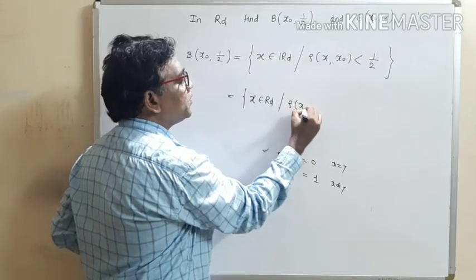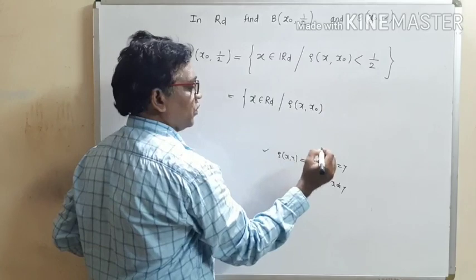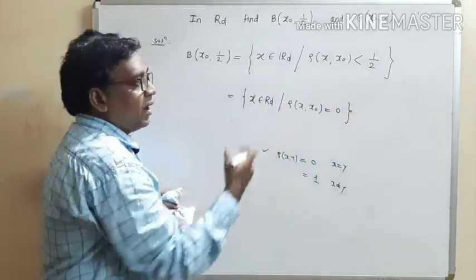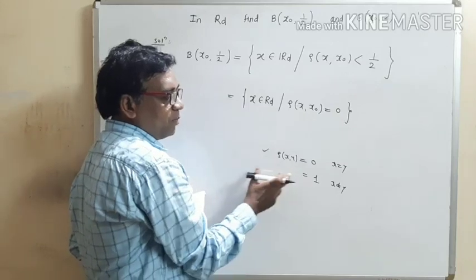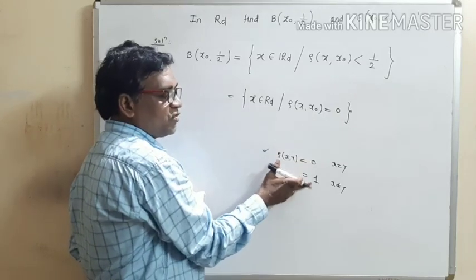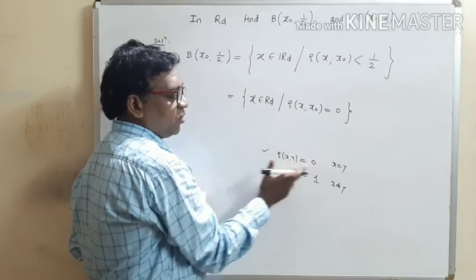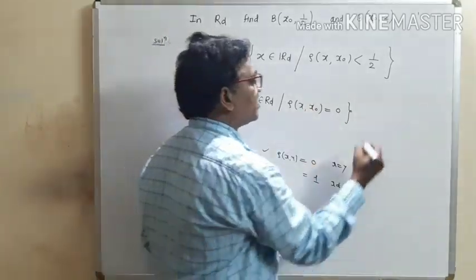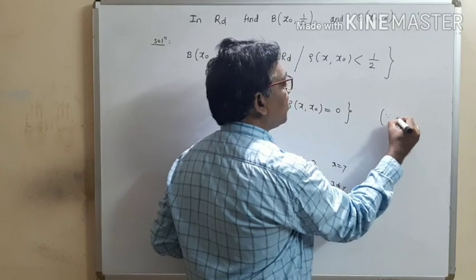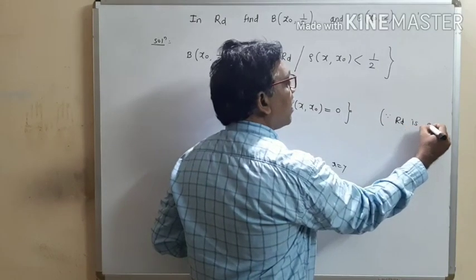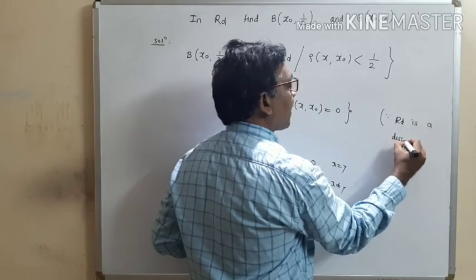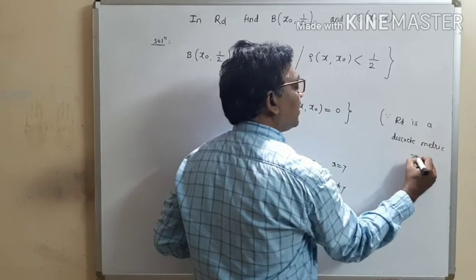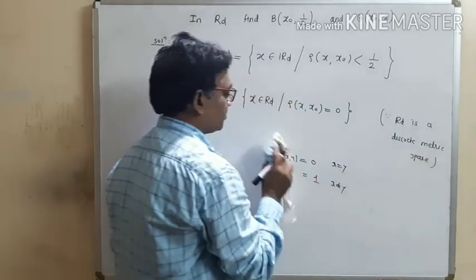So the distance between x and x0 is equal to 0 because this is the discrete metric. Less than 1/2 means our possible number is 0, because RD is a discrete metric space.